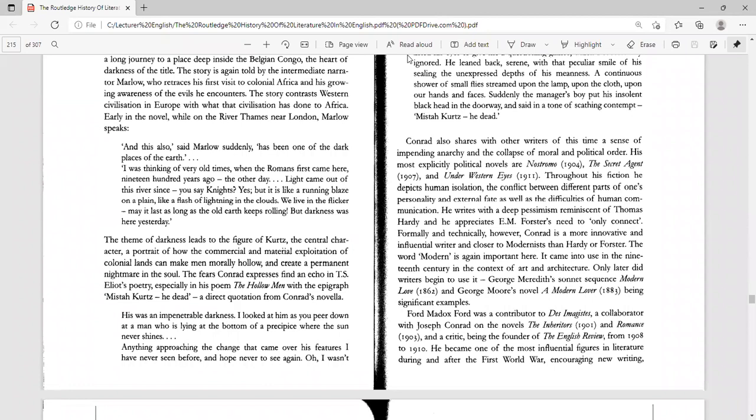Joseph Conrad also shares with other writers of this time a sense of impending anarchy and the collapse of moral and political order. So what was anticipated was seen in the World War as a reality, or after the Great War, in the times of emerging fascism and later on the Holocaust.